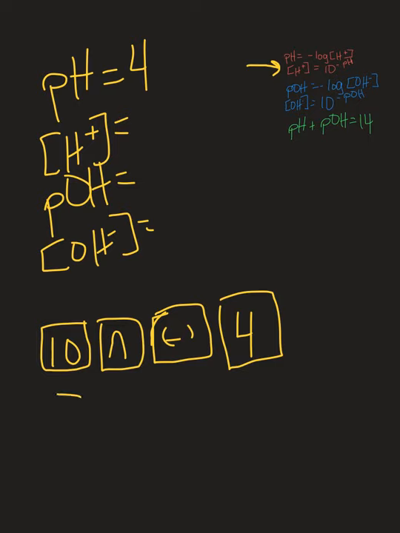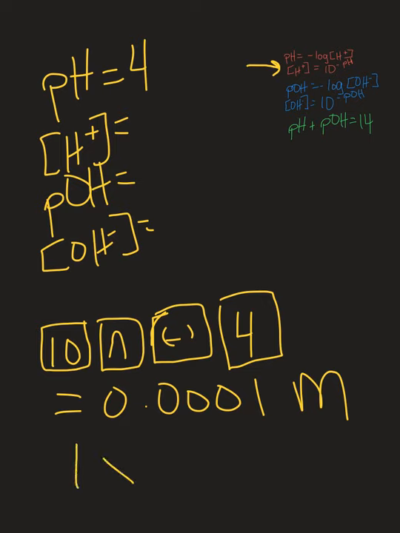And your calculator should give you a number that looks like this, 0.0001. Okay, you can write that, or to make life a little bit easier, you can write it in scientific notation. Scientific notation would just be 1 times 10 to the negative 4.